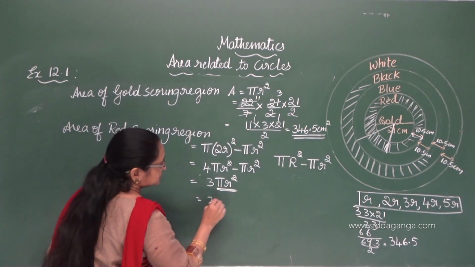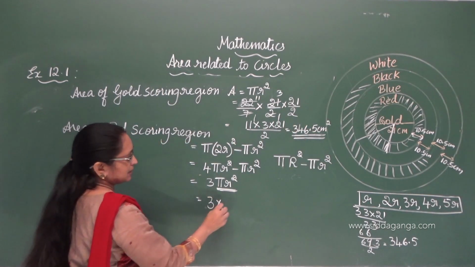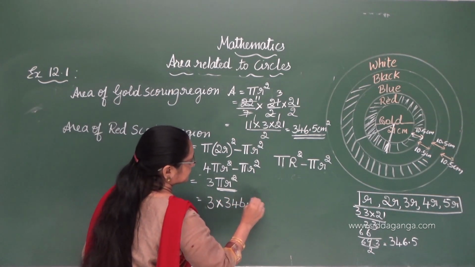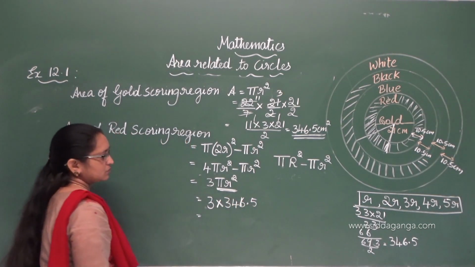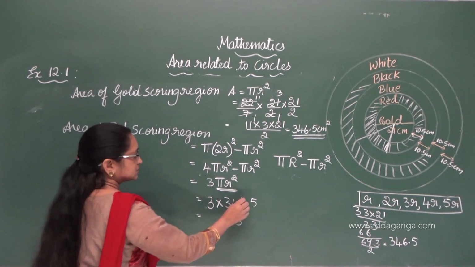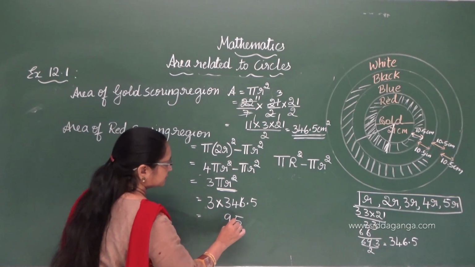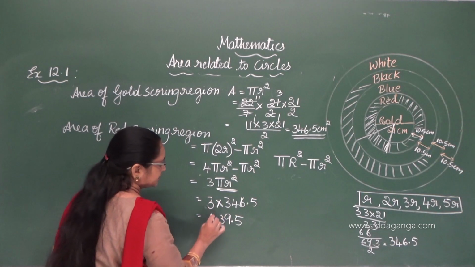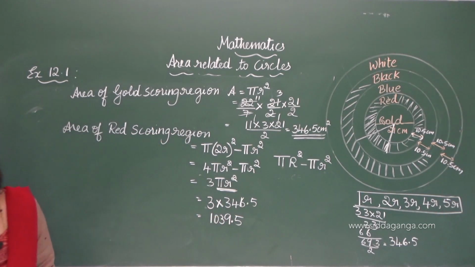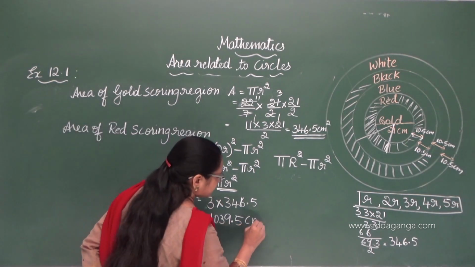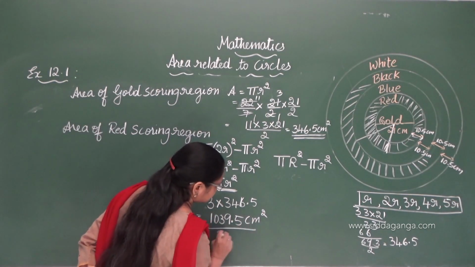So we'll just multiply it by 3. 5 3s are 15, 6 3s are 18, 19, 1, 4 3s are 12, 13, 1, 3 3s are 9, 10. So 1039.5 centimeter square. I hope you understood this.